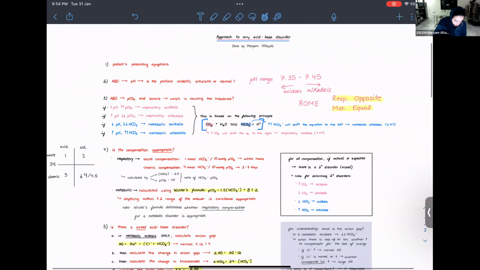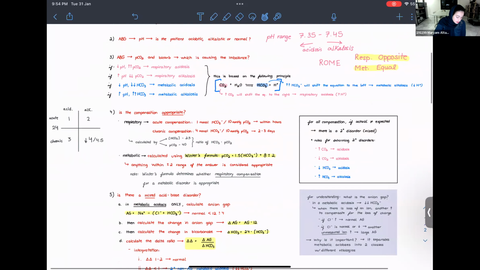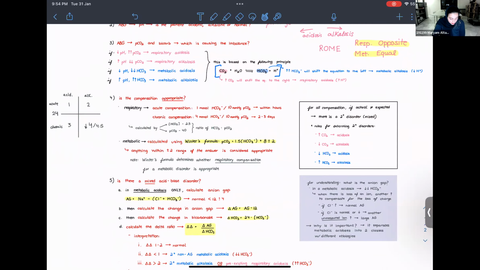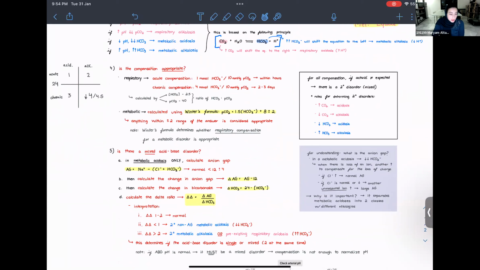All right, so this is again just to recap everything that we talked about. If it's a metabolic problem, then you're going to calculate the respiratory compensation using Winter's formula, which is 1.5 times bicarb plus 8, plus or minus 2. Anything within this range is considered appropriate compensation. If the compensation is inappropriate and your CO2 is way too high, then that tells you there's a secondary respiratory acidosis.